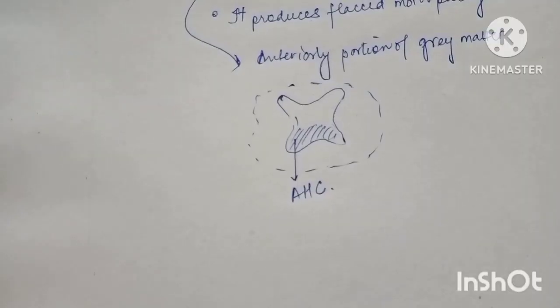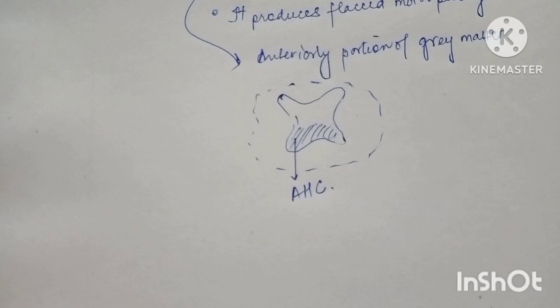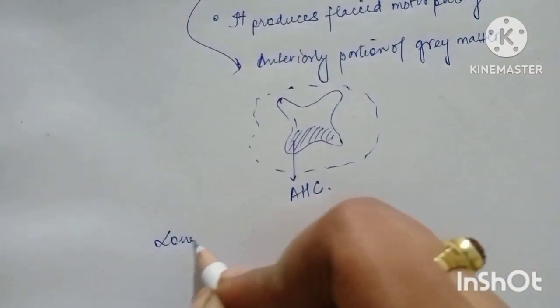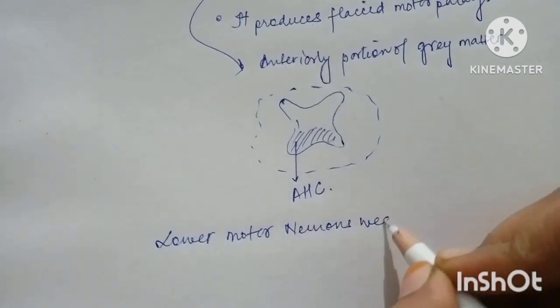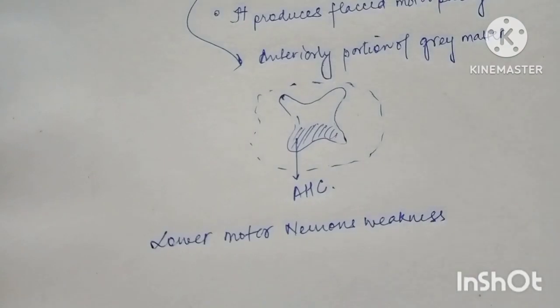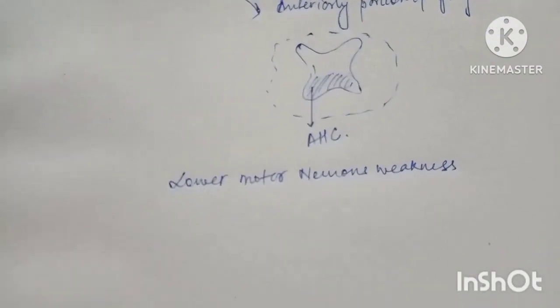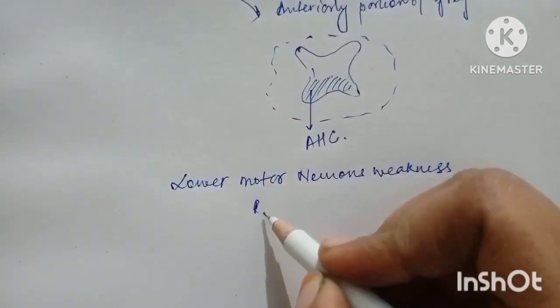Now, what is flaccid motor paralysis? Flaccid motor paralysis is a term used for the weakness of the lower motor neurons. It includes weakness of the respiratory muscles and pharyngeal muscles.